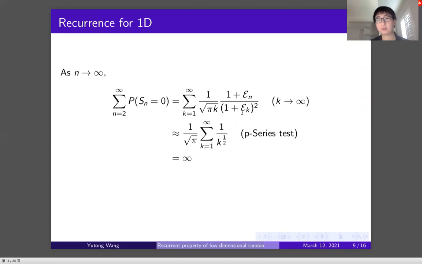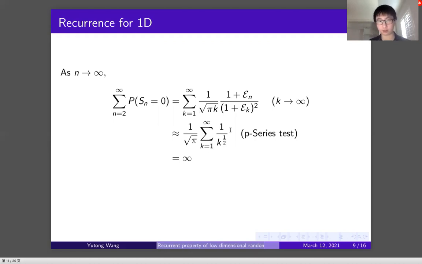So this term will eventually be 1, and we can make a close approximation of this term like this. Also the square root of pi is a constant, so we can just take it out from the sum.